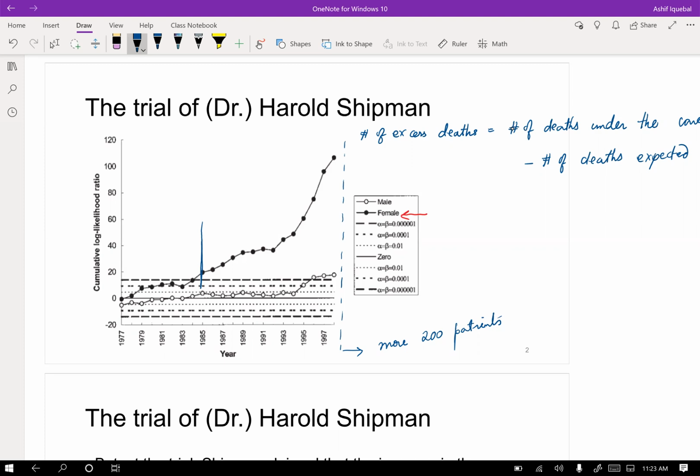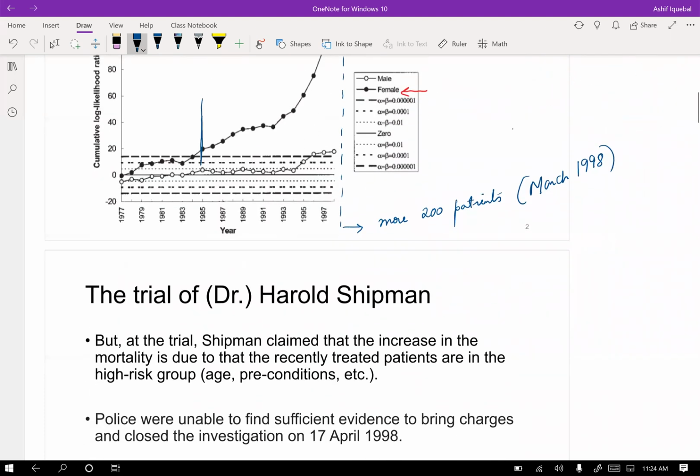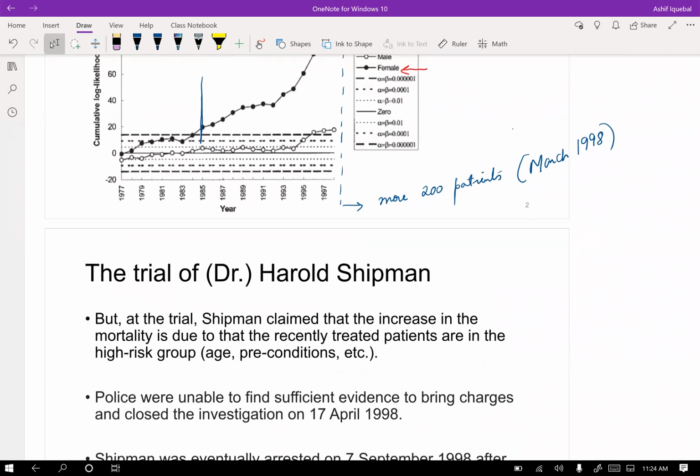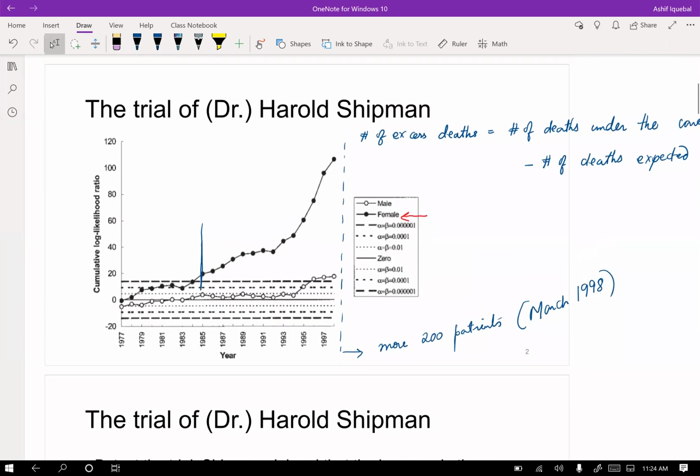So in March of 1998, Harold Shipman was convicted of killing more than 200 patients. But in his defense, Harold Shipman said that the patients who were visiting him were terminally ill, meaning they had a higher risk of dying after the surgery.